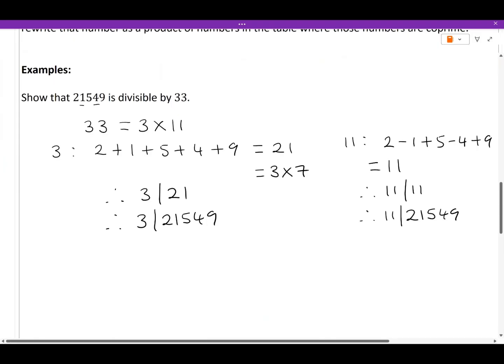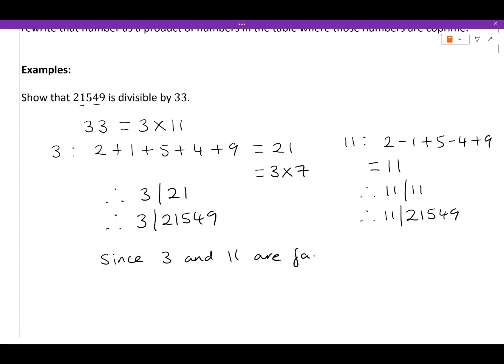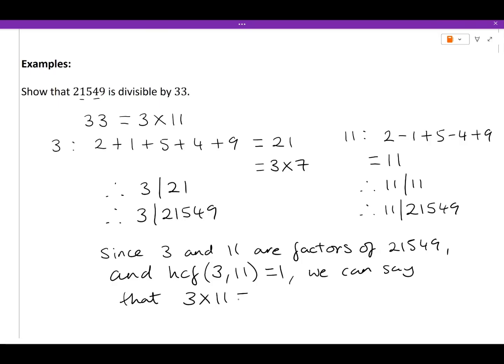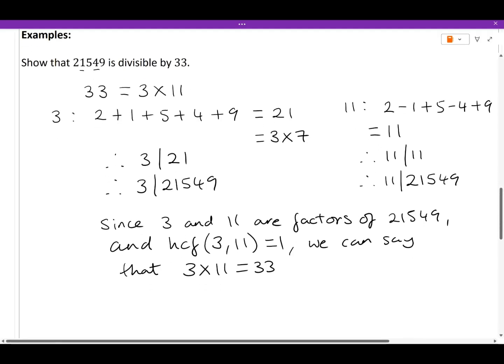What we need to say is, since 3 and 11 are factors of 21,549, and the highest common factor of 3 and 11 is equal to 1, we can say that 3 multiplied by 11, which equals 33, must be a factor of 21,549. So that's the type of conclusion I'd expect.